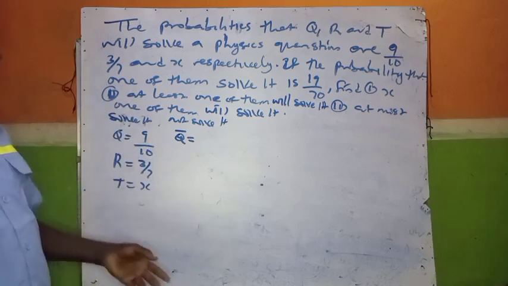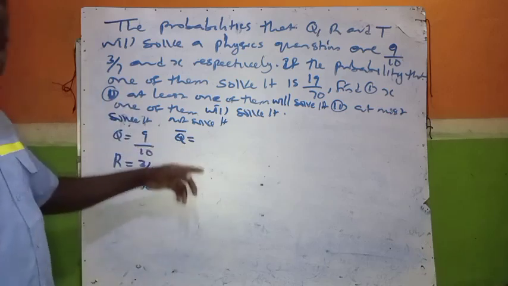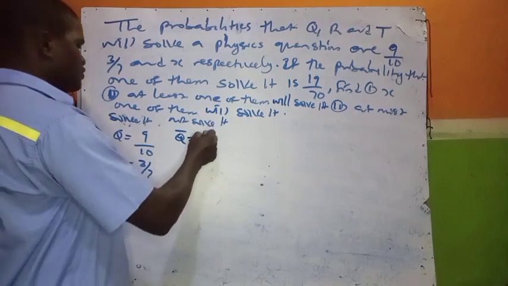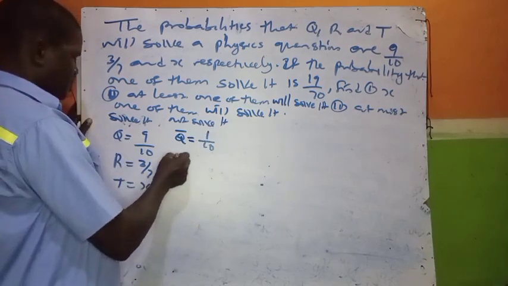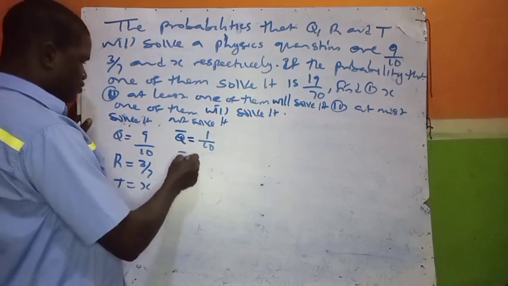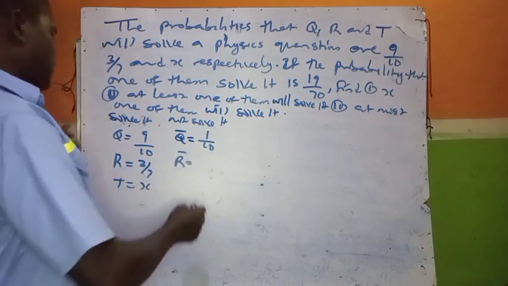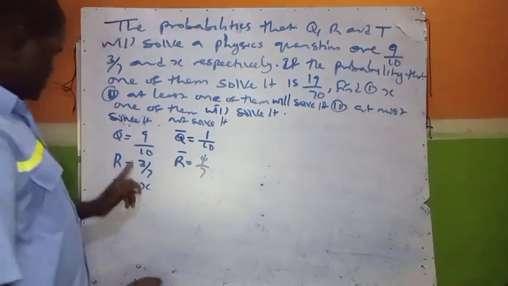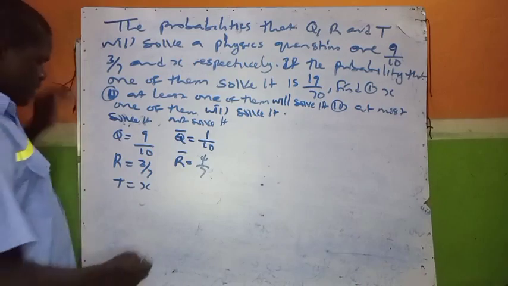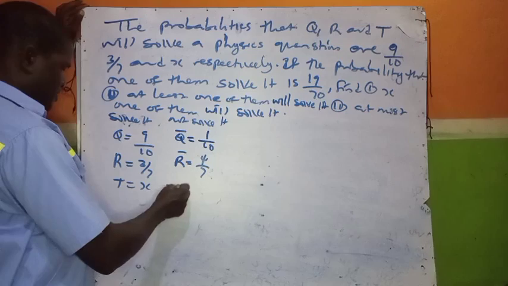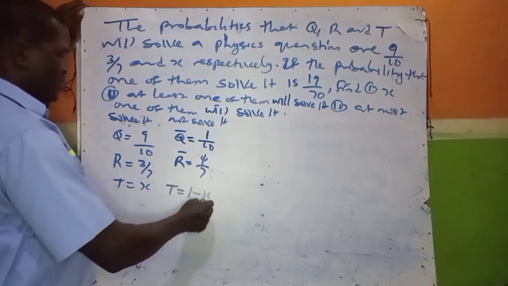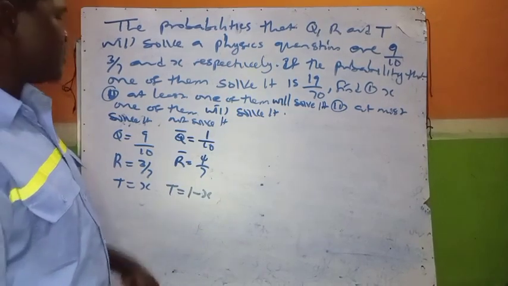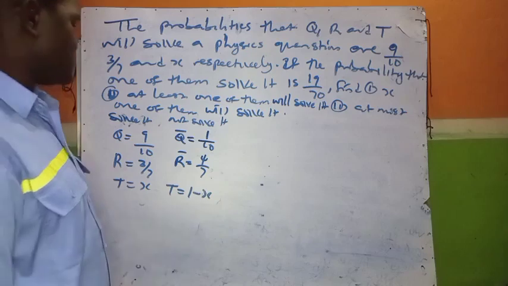That Q cannot solve it is 1 minus 9 over 10, which gives you 1 over 10. For R, that R will not solve it is 4 over 7, that is 1 minus 3 over 7. For T, it's going to be 1 minus x, so that T cannot solve it.